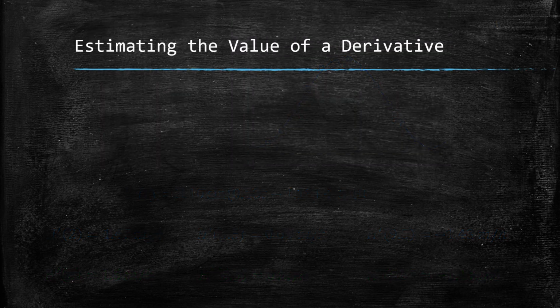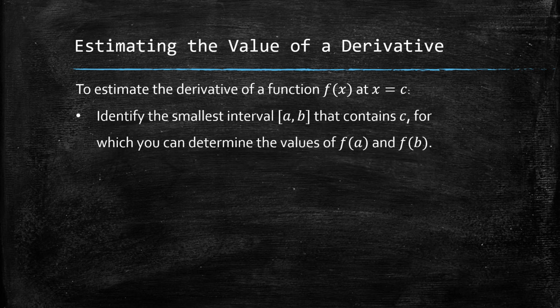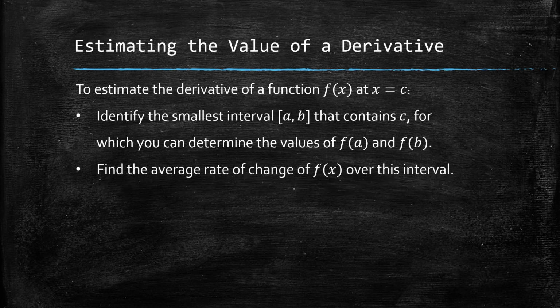So let's pause for a moment to summarize what we've achieved so far. If we'd like to estimate the value of a derivative of a function at x equals c, say, you first of all identify the smallest interval, a b, that contains c. And it's important that obviously you know the value of the function at a and at b. And then you just find the average rate of change over this interval.